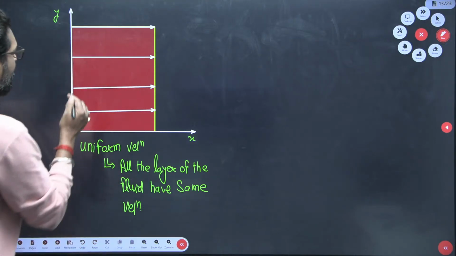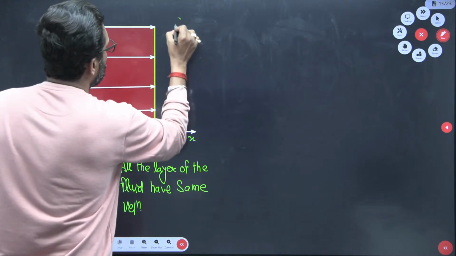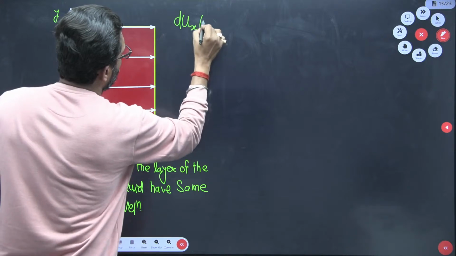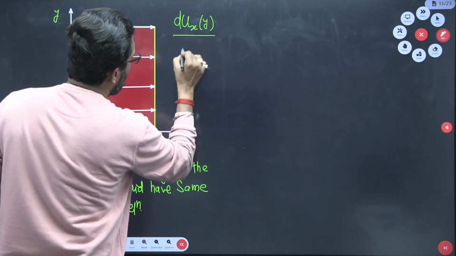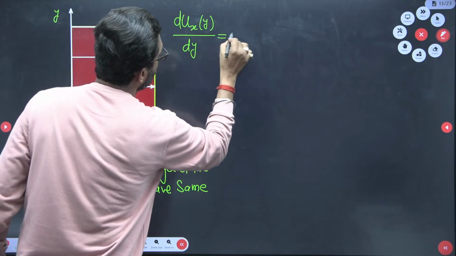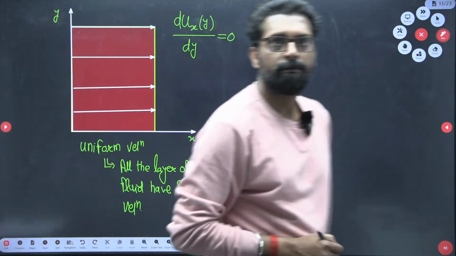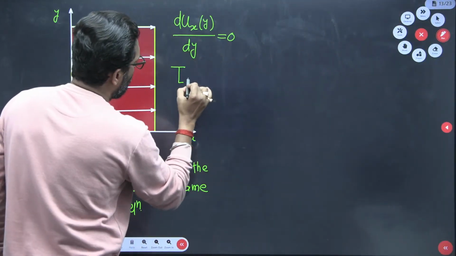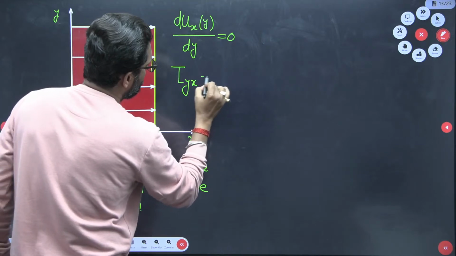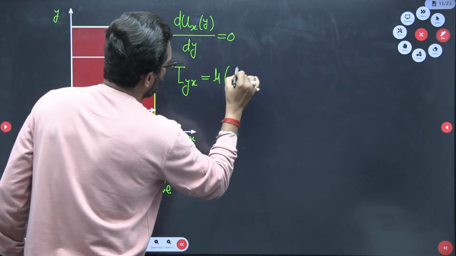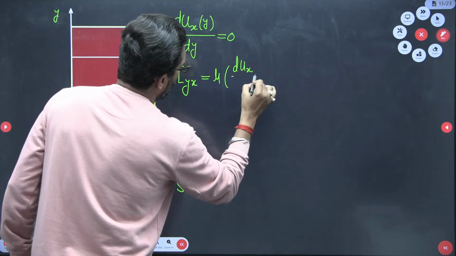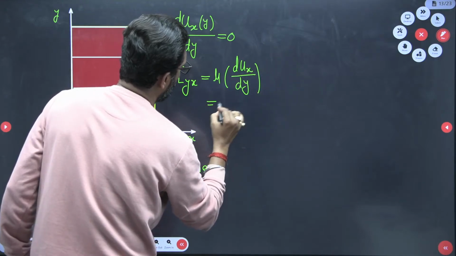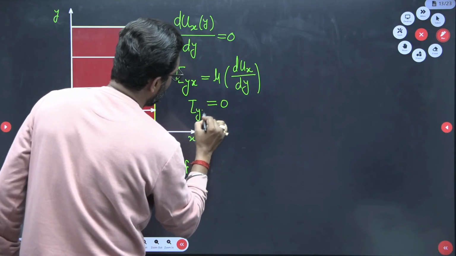That means in this case, the slope dux over dy, the variation of ux in the y direction at any y, is equal to 0. Yes or not? Now, if you apply the shear stress tau yx is equal to mu into dux over dy, this dux over dy is 0. That means shear stress tau yx at any layer is 0.